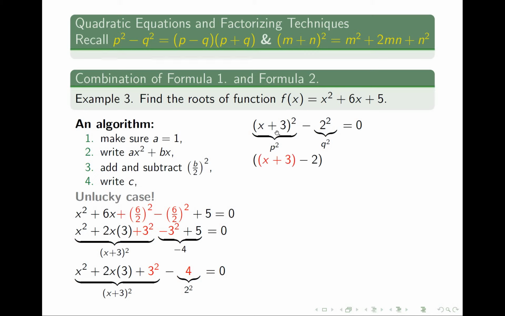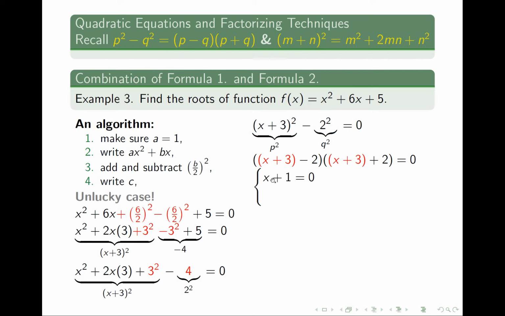Again, now we can write this in factored form: (x plus 3 minus 2) times (x plus 3 plus 2) should be equal to 0. To have this equal to 0, this expression should be 0 or this expression should be 0.